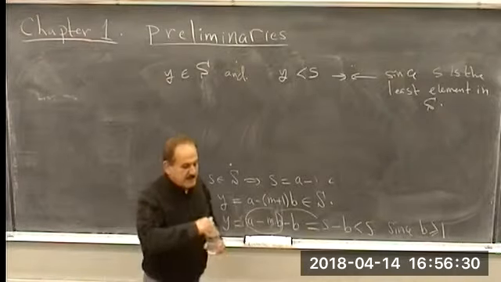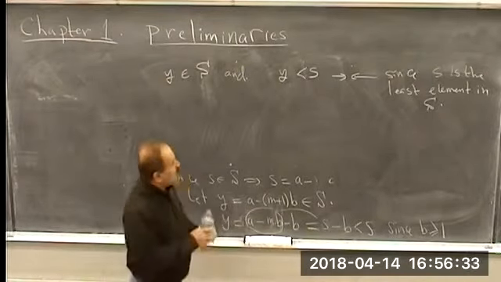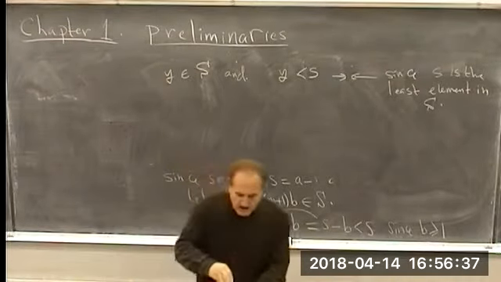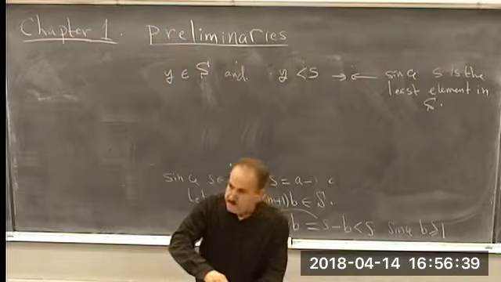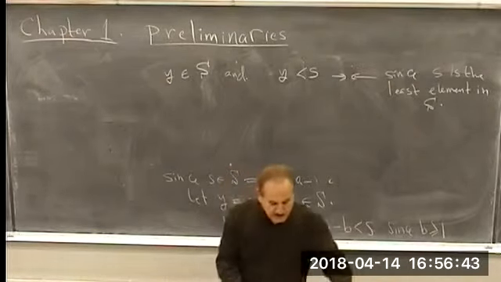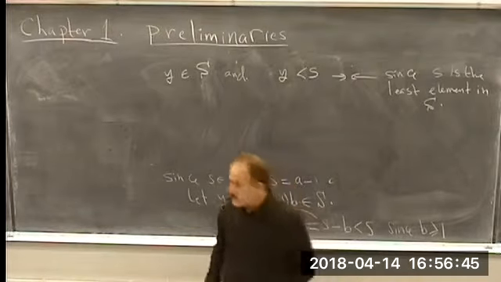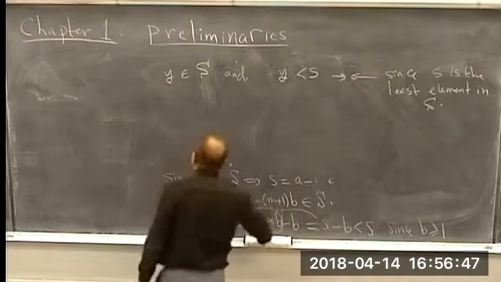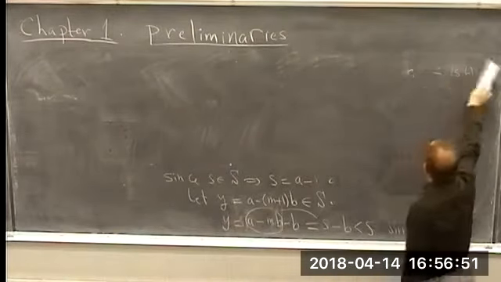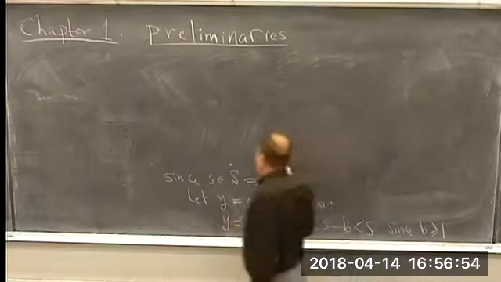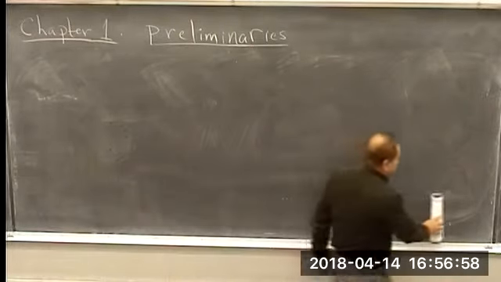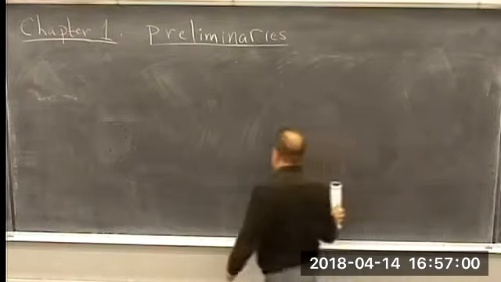Let's look at another example. This example is interesting, I hope you find it interesting, where we're going to use the well ordering principle to show that the square root of 2 is an irrational number.